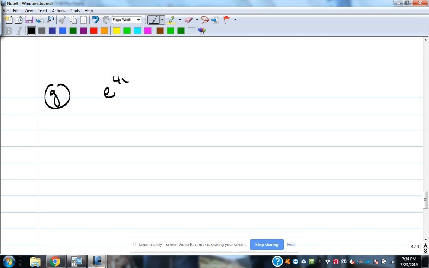E to the 4x times e to the x minus 1 is equal to 5e. And at first glance, you think, oh man, the bases are the same. And they kind of are, but they kind of aren't either. On the left side, you got 2 things that are multiplied together that have the same base.